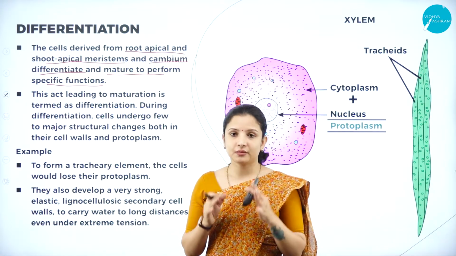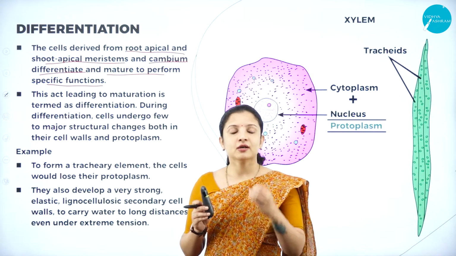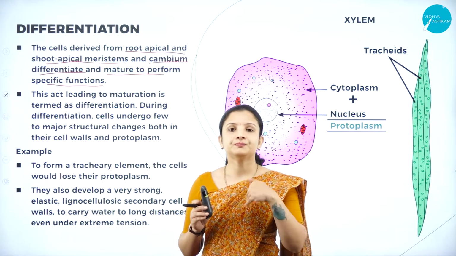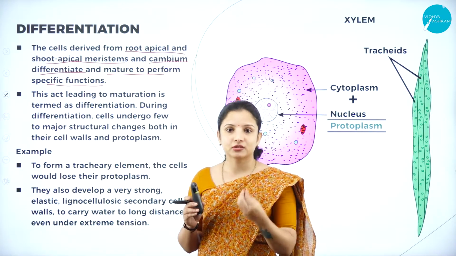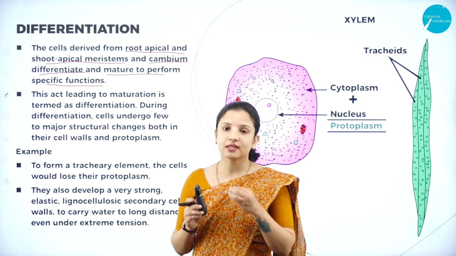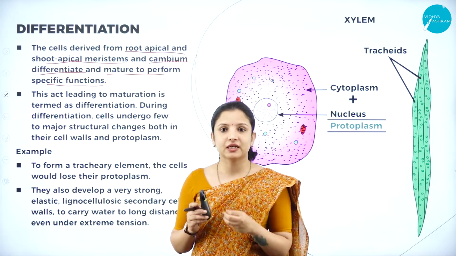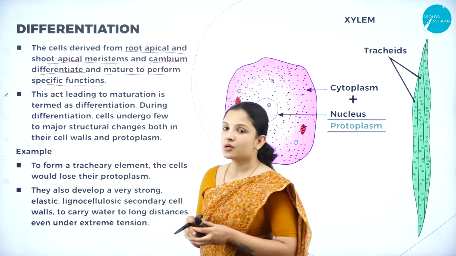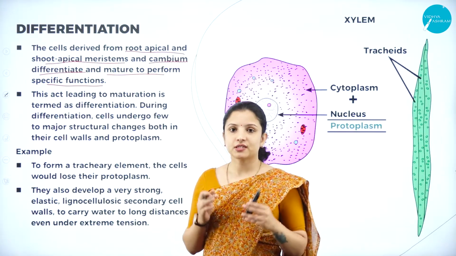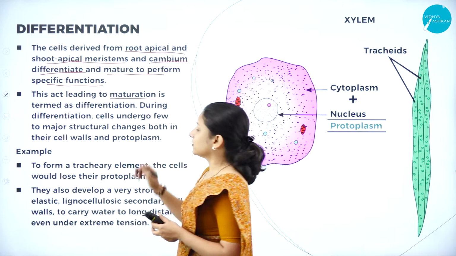That particular process is called differentiation. The cells which have divided undergo a change in their structure in order to perform a specific activity. Such formation of cells is called the differentiation process, and this differentiation process actually leads to maturation.